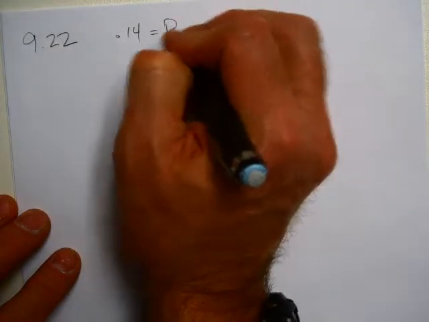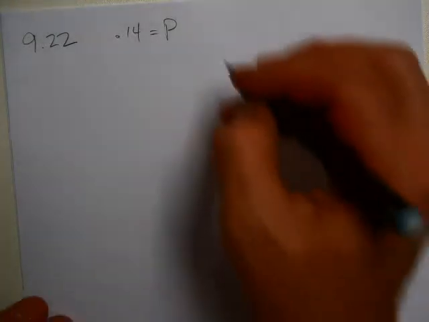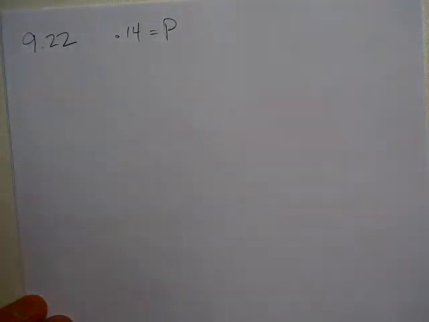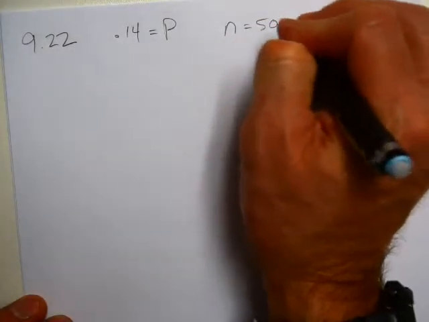So this is P. You plan to interview, you haven't done it yet, an SRS of 500 motorcycle owners. Now that's not a proportion, that's a number. That's n. Yeah, that's little n.